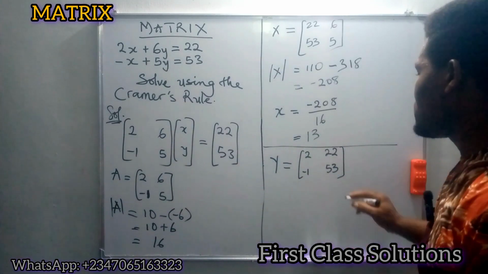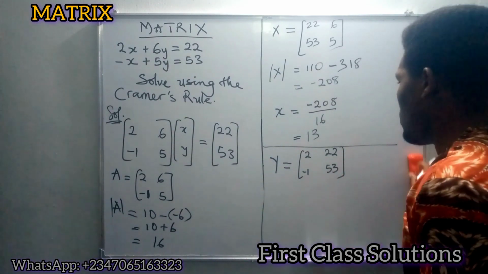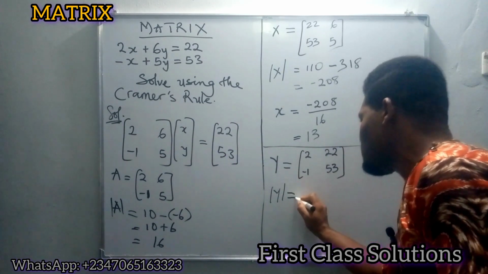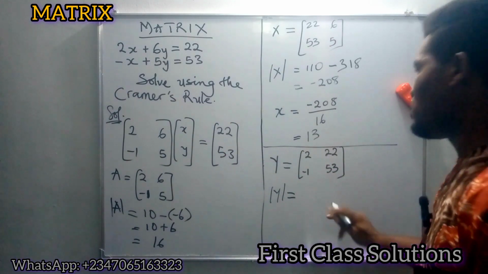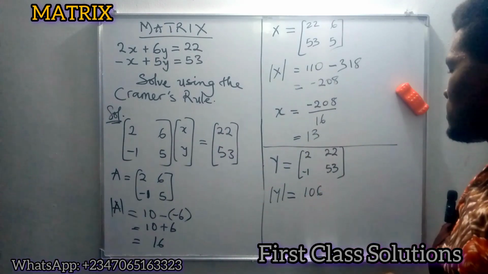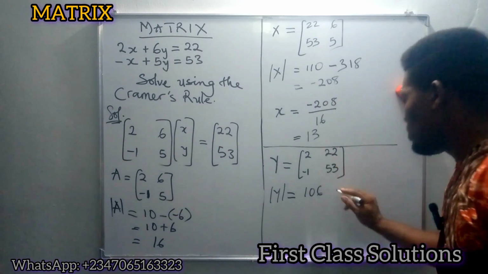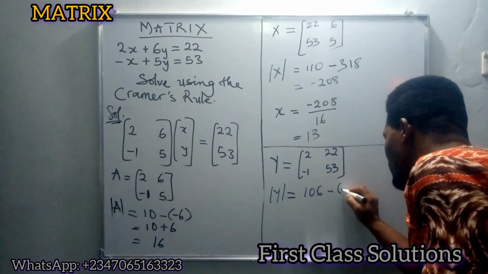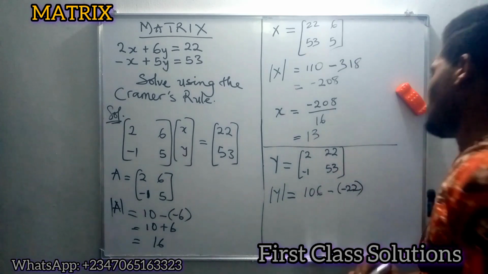Now the determinant of this matrix is 2 times 53, which gives us 106, then minus 22 times minus 1.